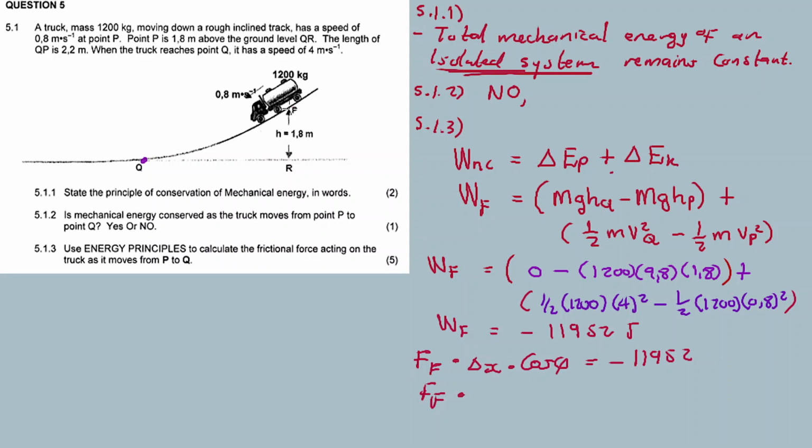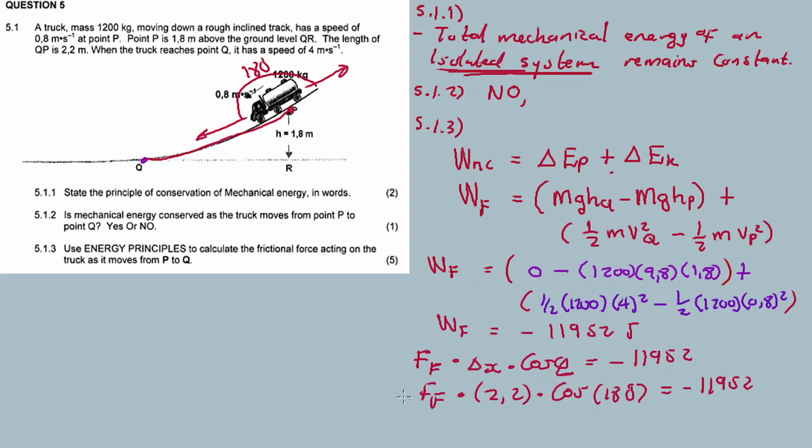The distance, delta x, is the distance traveled by the truck from P to Q, which is 2.2. 2.2 multiplied by cos theta. What is theta? Theta will be equal to 180 degrees, because the truck slides down the incline and the frictional force is acting in the opposite direction.